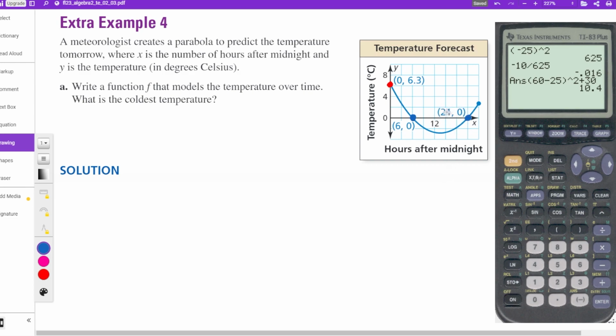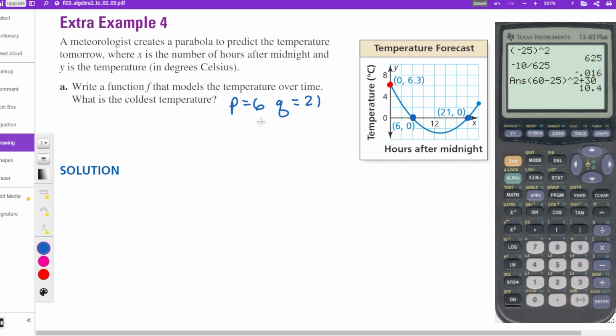So that is at 9 p.m. So at 9 p.m., again, 0 degrees Celsius. So we can write the equation of this parabola given these 3 points. And something special about these points right here is that these are x-intercepts. So x-intercepts p and q. p is 6 and q is 21.